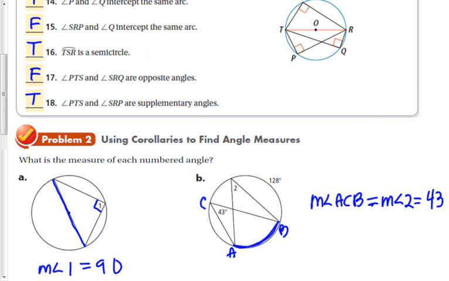And that's because they both intercept the same arc, AB. And if we needed to find that arc length, this would be 86. Not that we need to know that for this problem, but all right. Go ahead, you try that.